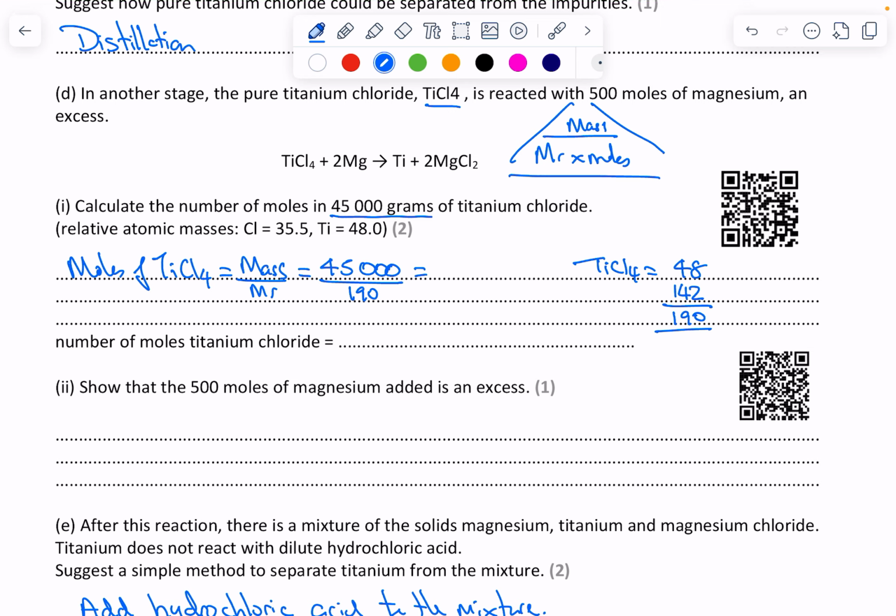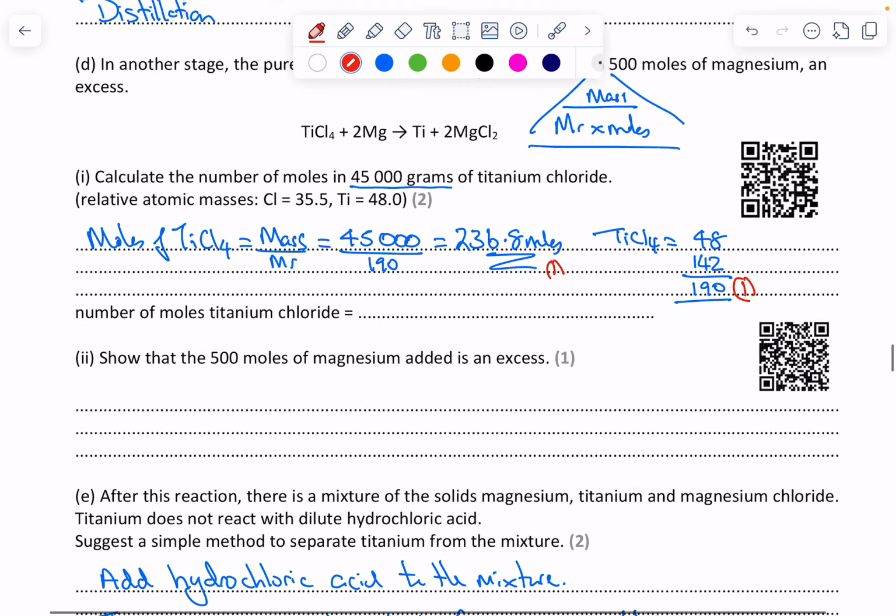So 45,000 divided by 190, and that's given me 236.8 moles. Okay, marks wise, 1 mark for working out the Mr for titanium chloride, and 1 mark for getting the number of moles correct there.